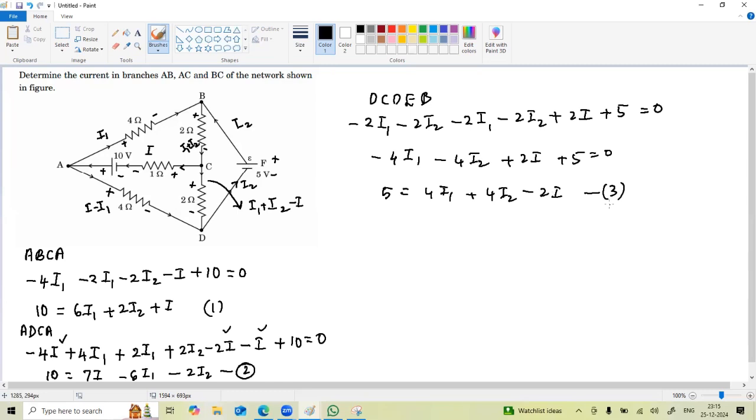Now in mathematical terms, how to solve I1, I2. If you see equation number 1 and 2, by luck here, the 6I1, so minus 6I1, so 2I2, so minus 2I2. That means if you add equation 1 and equation 2, 6I1, 2I2 terms get cancelled.